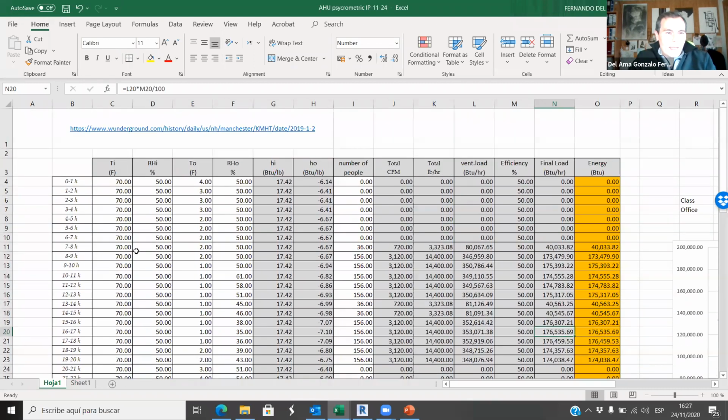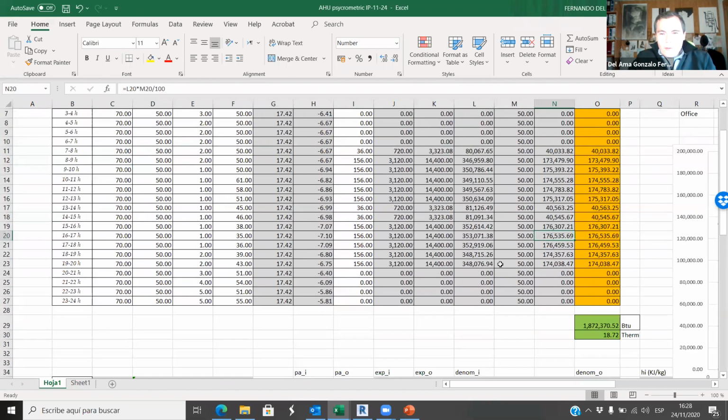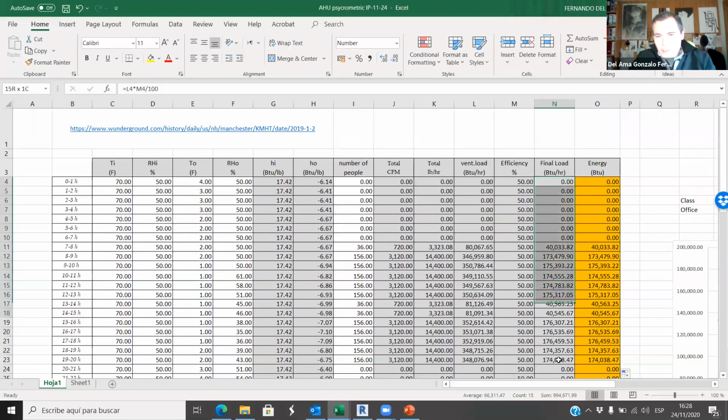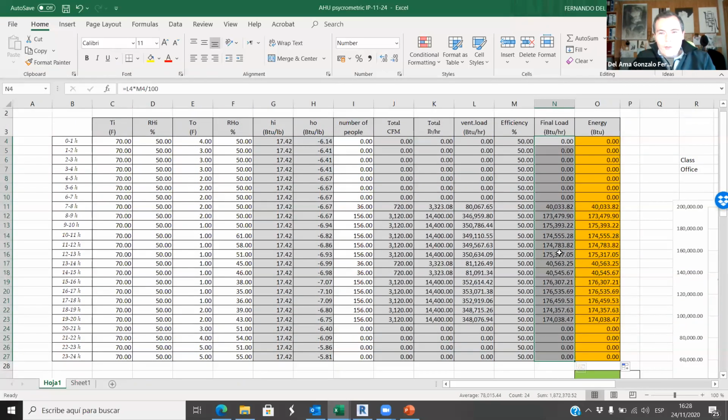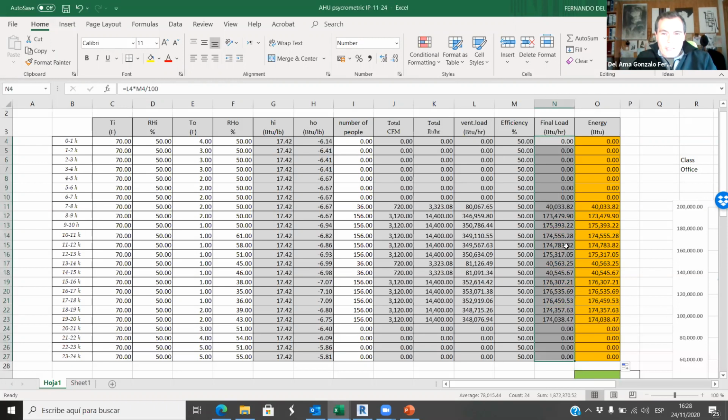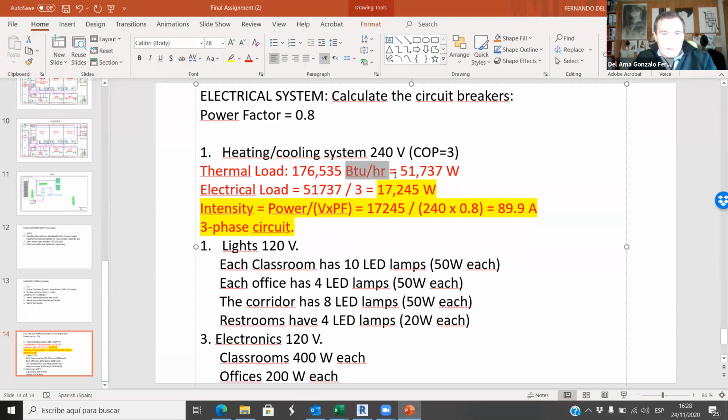And then when we combine indoor conditions, outdoor conditions, and number of people, we have to select the highest number in this column. Okay, so this is the maximum power that we are going to need. So we have to dimension our electrical circuit according to this maximum power.